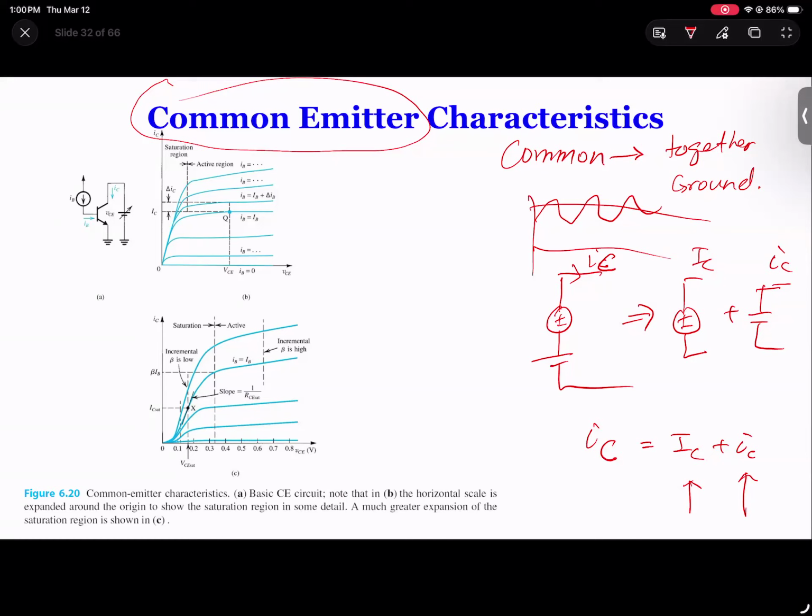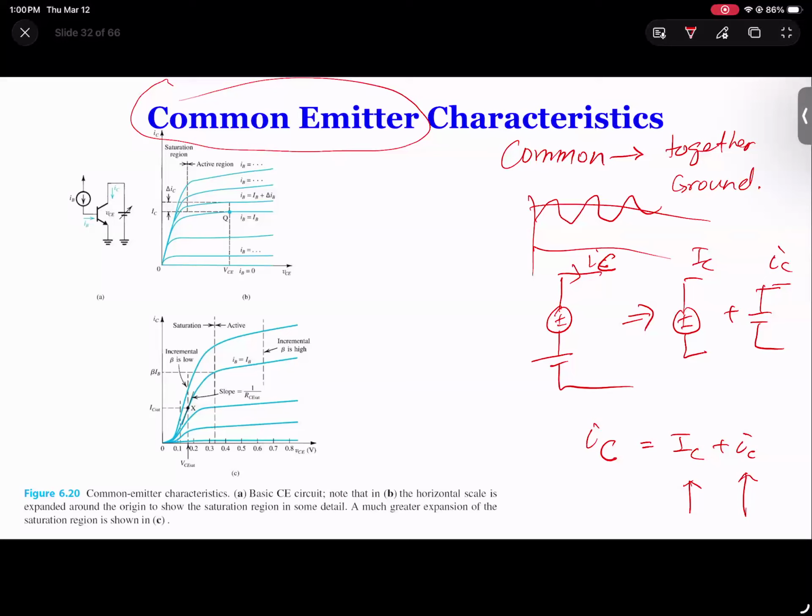So when VCE increases, the top graph is more of an ideal device, and the bottom graph shows a more realistic, practical device.